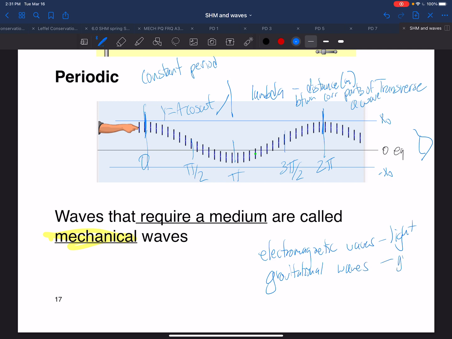All that these two require is just space-time, the fabric of space-time. But mechanical waves can only pass through material, like rock or dirt or sand or air or water. They require a material medium to pass through.